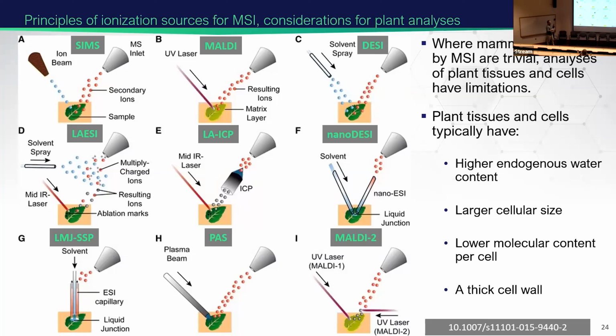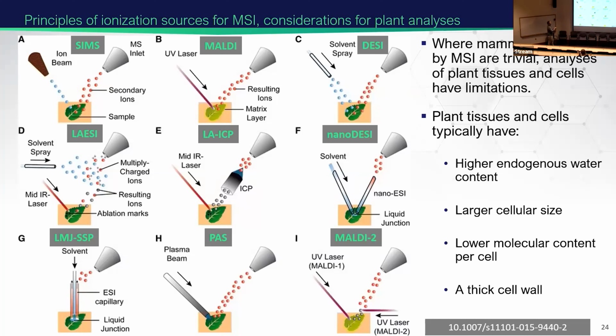But when we talk about plant cells within, say, a soybean root nodule, we might be upwards of 75 microns for one of these infected cells with bacteria inside of it. So what that means is that there's normally a lower molecular content per cell, and we also have a thick cell wall that ranges based upon whether or not there's abiotic or biotic stress.